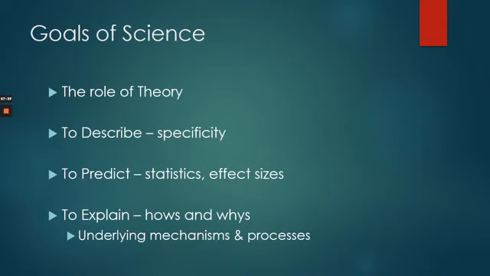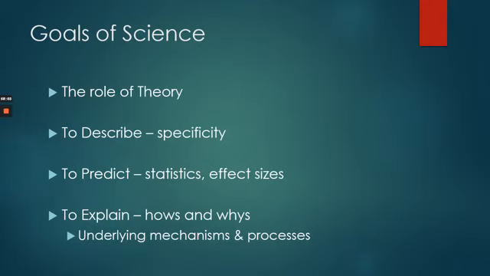To describe is we want to specify what's going on. For example, in your hypotheses, you want to be very specific in what you're predicting. When we think about how we measure something, we want to be very specific in how we measure it, because at the end, we want to be very descriptive of what we're seeing in our study.